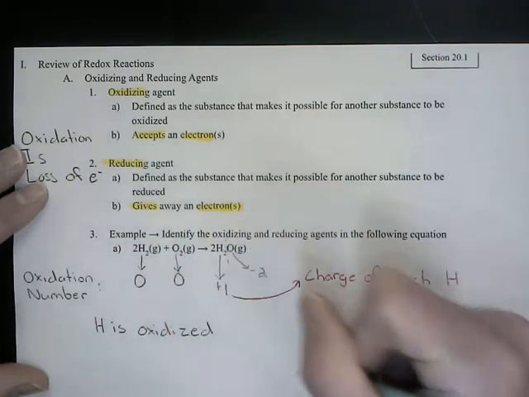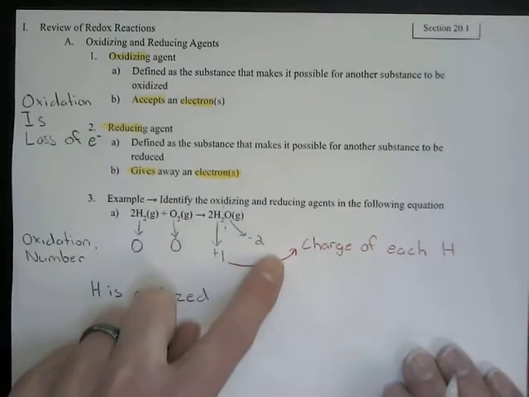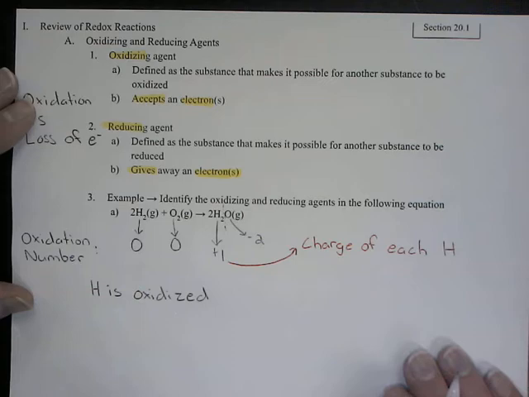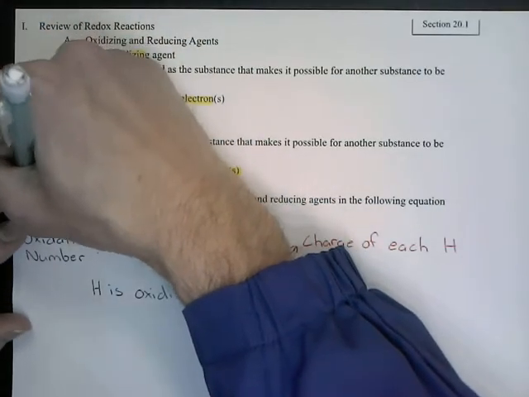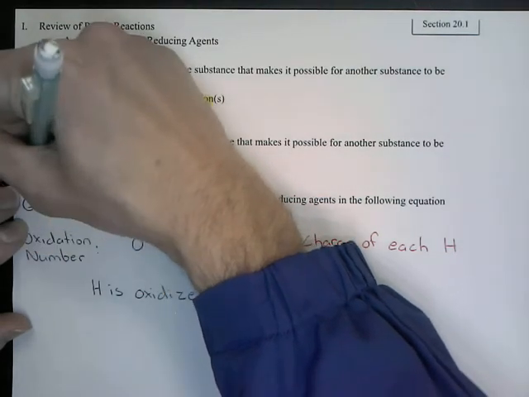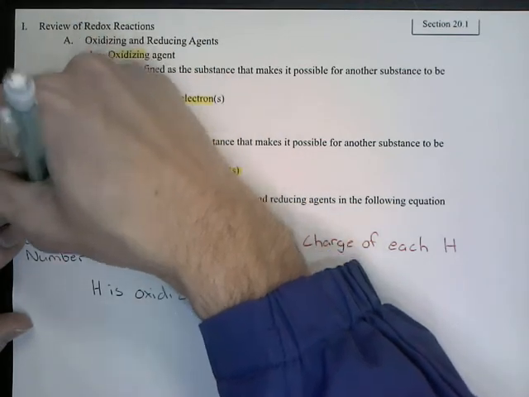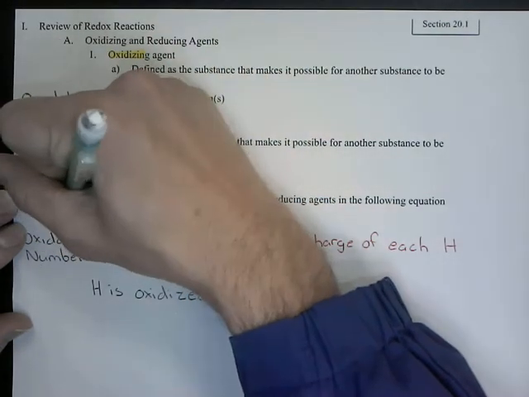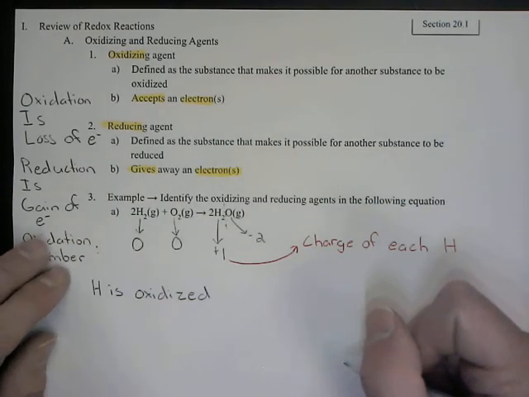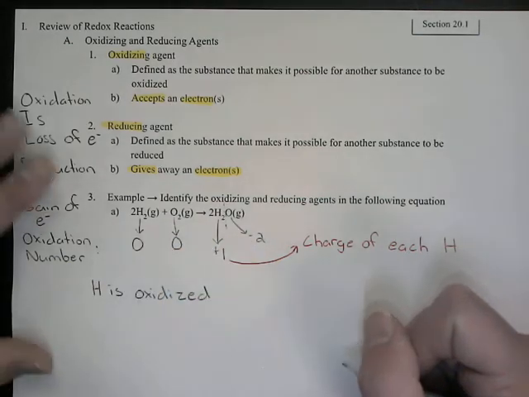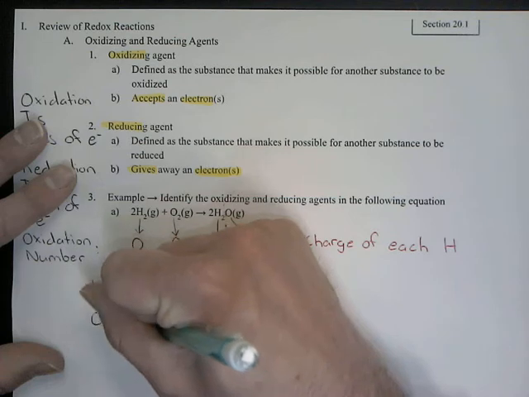It lost electrons. Now, on the flip side, oxygen went from 0 to -2, so it gained electrons to become more negative. Now I'm going to put the acronym here, RIG, and that is reduction is gain of electrons. So again, because oxygen went from 0 to -2, O, or oxygen, is reduced.